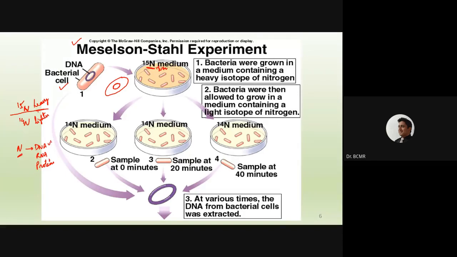It could be DNA, RNA, and proteins. The whole cell, wherever nitrogen is utilized, is made up of N15. Now they did something different. From this culture, they transferred the cells into medium containing N14.